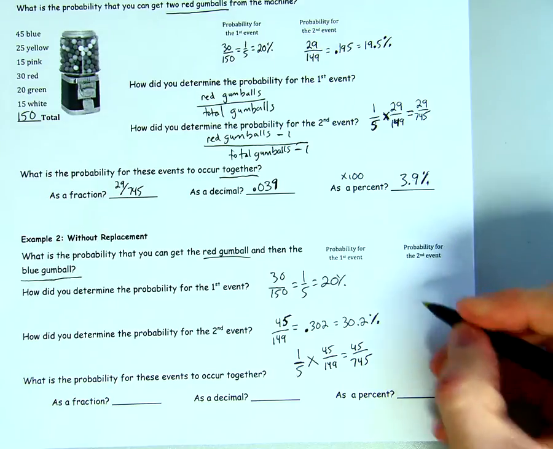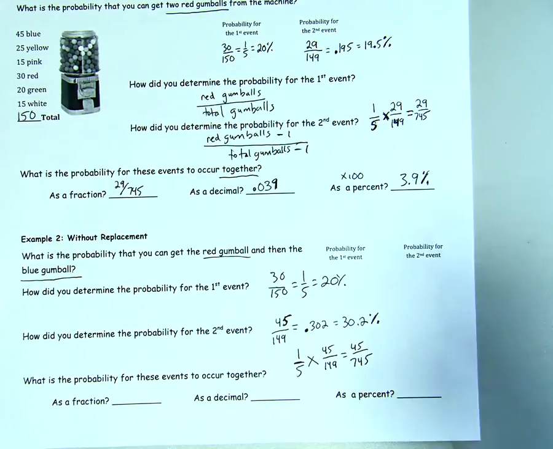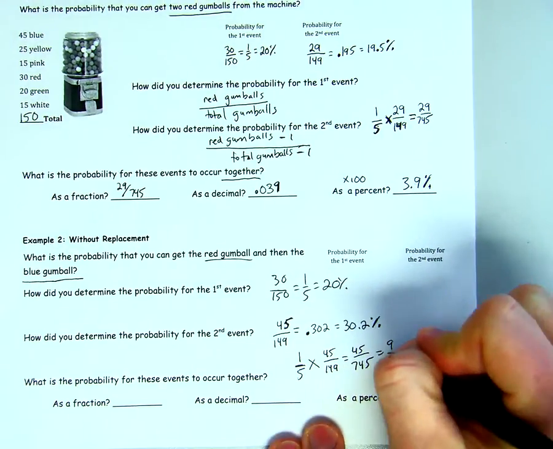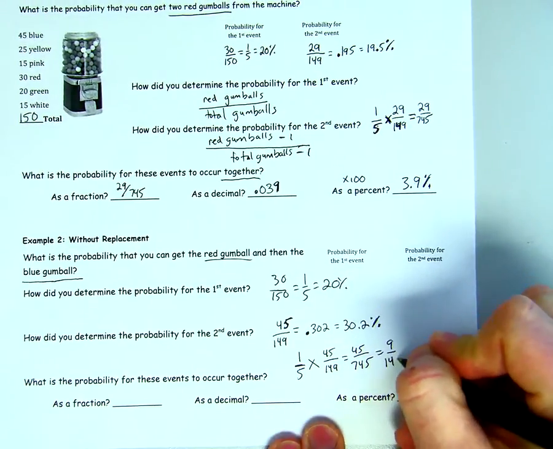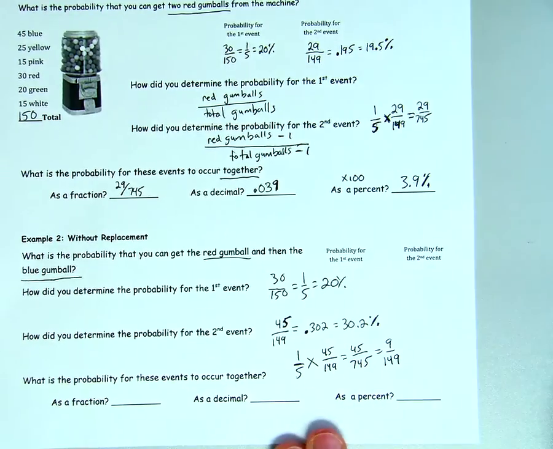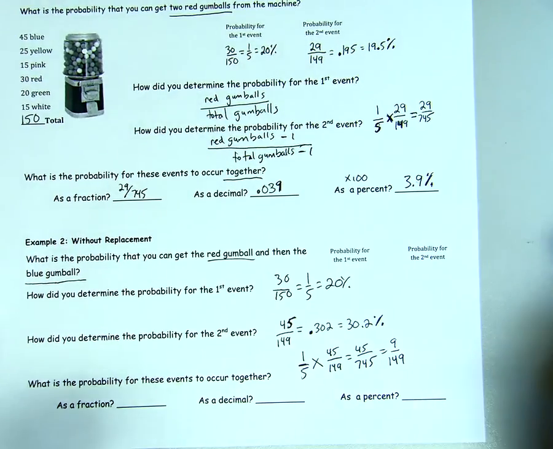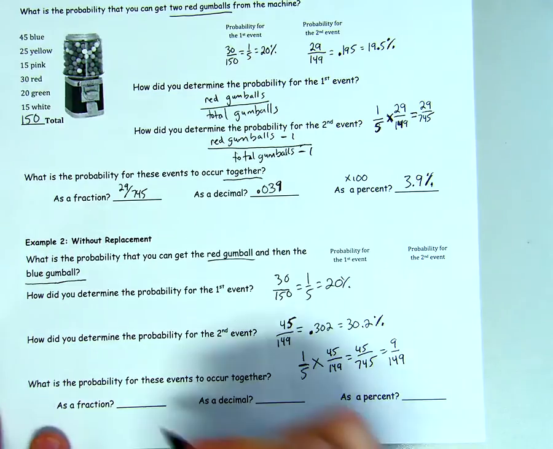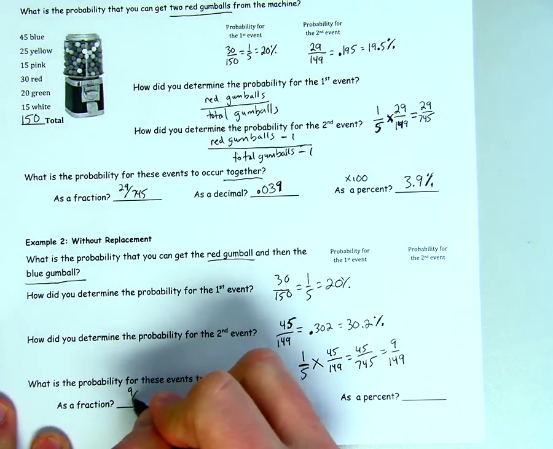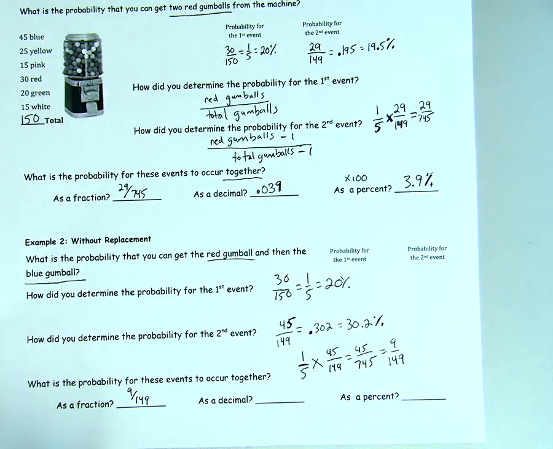Okay, these definitely can be simplified if I wanted to. I know 5 goes into both of them. And so we can do a 9 over 149. Okay. So my fraction is 9 over 149.